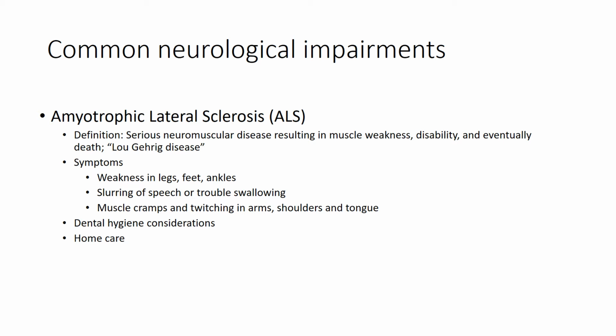arms, shoulders, and tongue. Now remember, your dental hygiene considerations are going to include patient safety and comfort as the primary concern. As the disease progresses, it is probable that communication will be through the caregiver only.